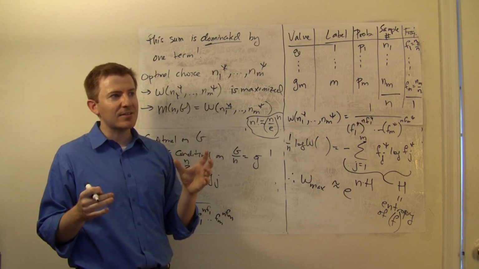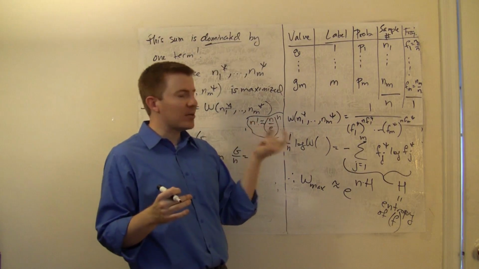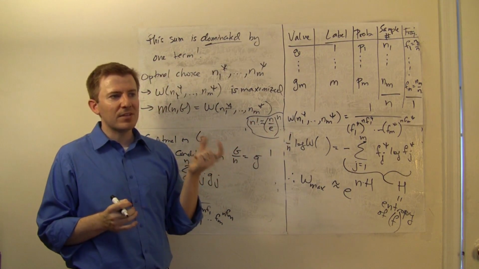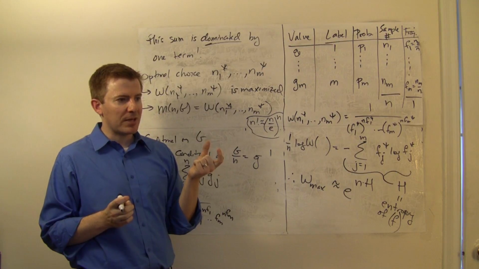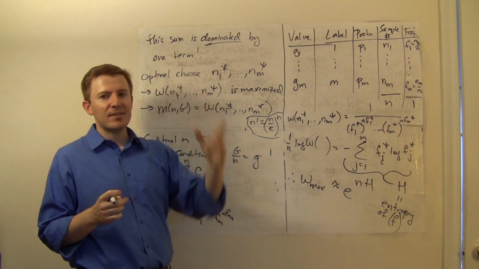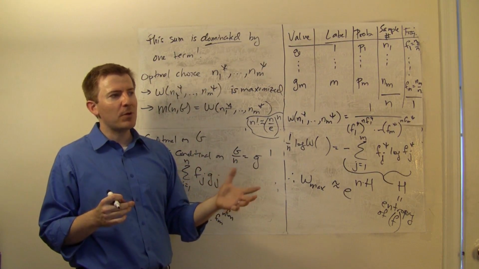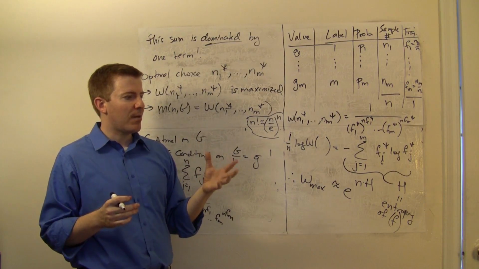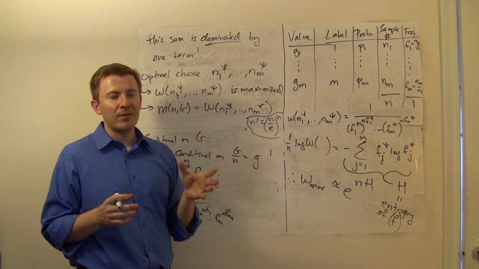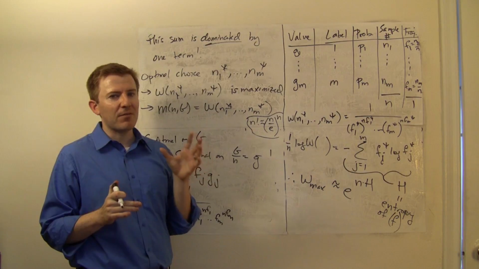In the end, there's a single sample count choice that so dominates that sum that we can say our probability is near 1, we're nearly certain that we have that sample count.